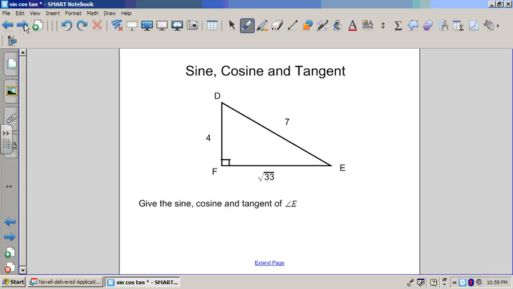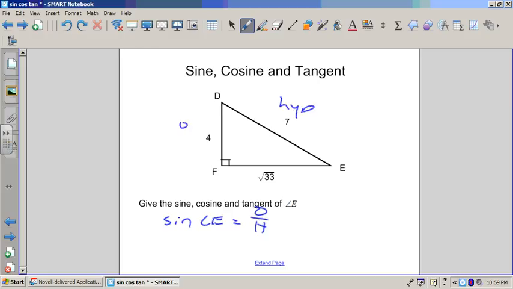Problem number 2, give the sine, cosine, and tangent of E. Pause your video and try it now. Remember that the sine of angle E is going to be the opposite over the hypotenuse. Hypotenuse is opposite the right angle.